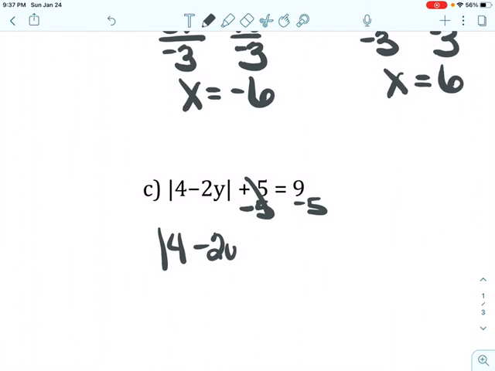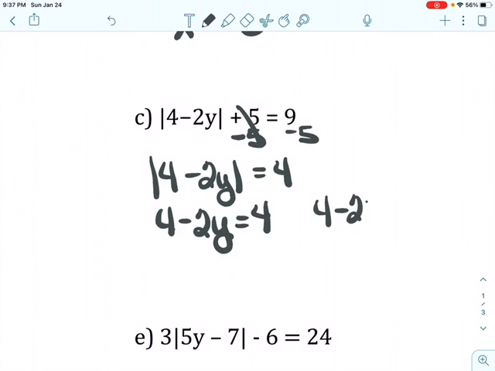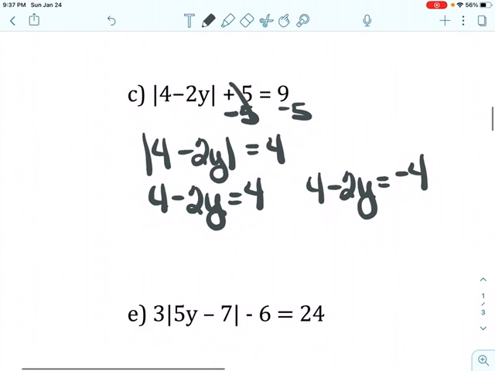So the absolute value of 4 minus 2y is equal to 4. So now we know that this expression is 4 units away from 0 on either side. So that's why, again, we're going to do 4 minus 2y is equal to 4, and 4 minus 2y is equal to negative 4. Okay, we're going to solve both.